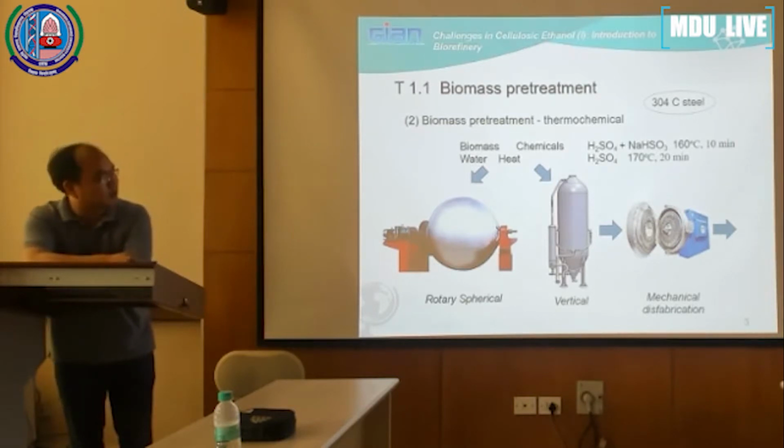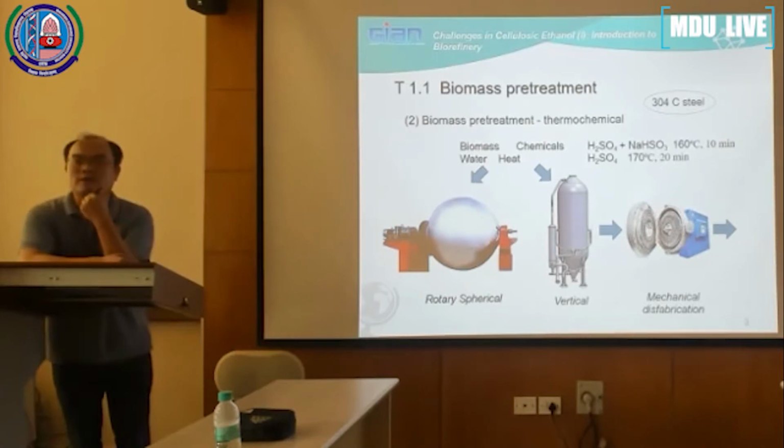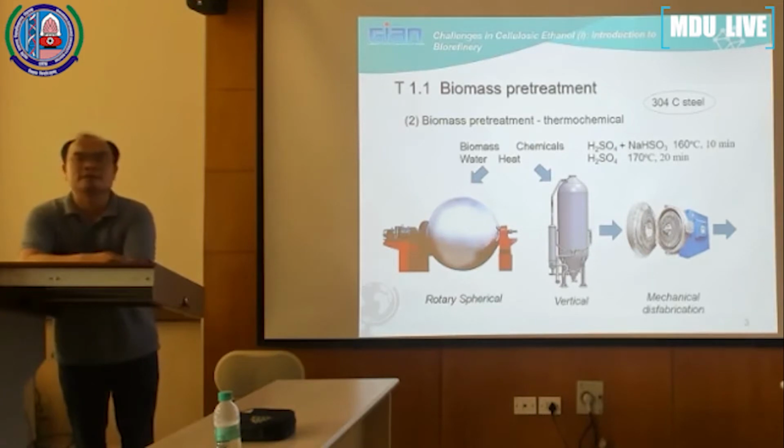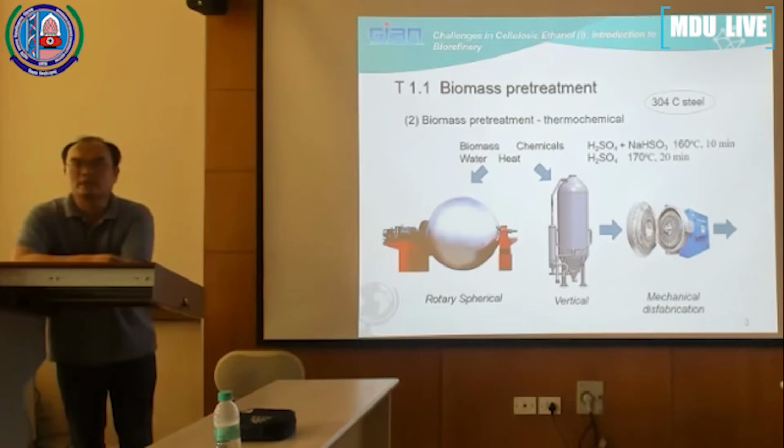This machine depends on the rotation of two discs in opposite directions. This machine is highly developed. It can defibrate the biomass into very small particles, like fiber, like the fiber used in paper making. These are plates, or it crushes it.